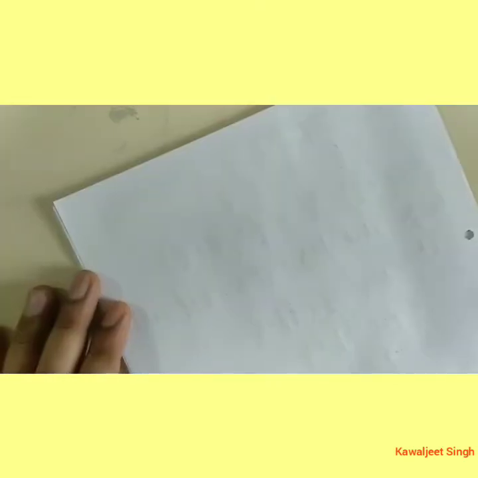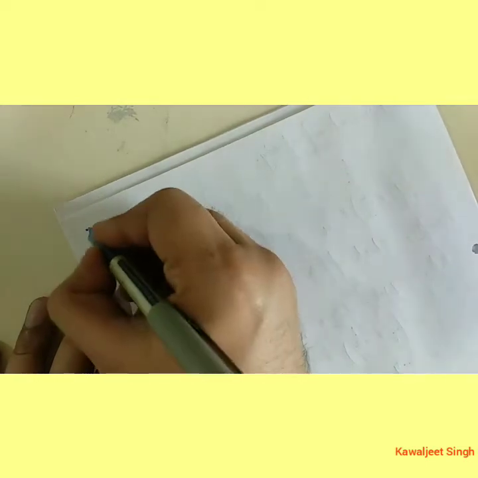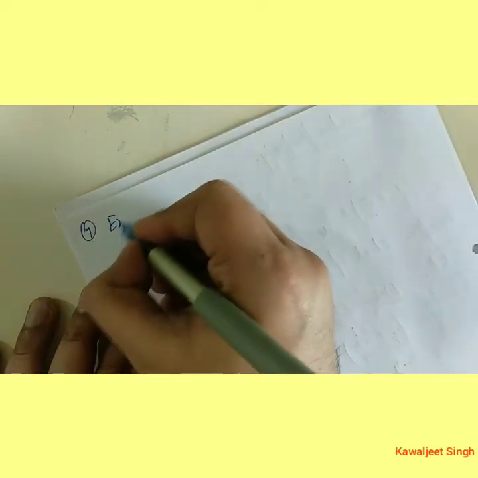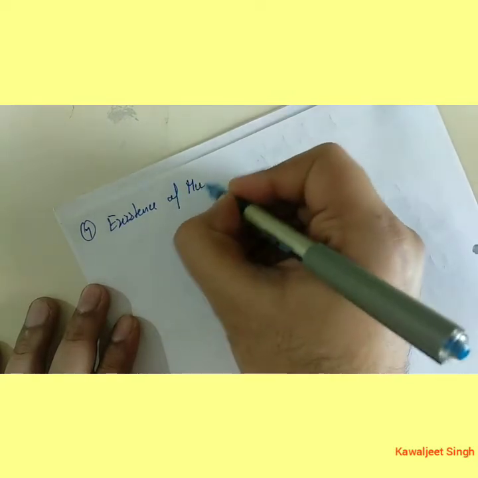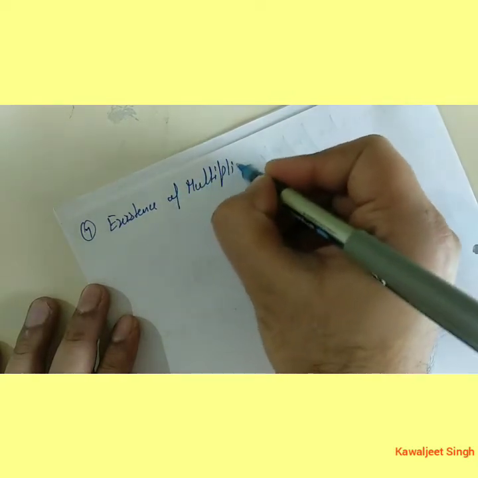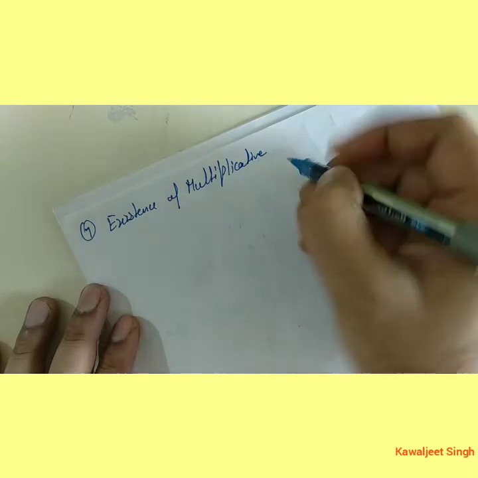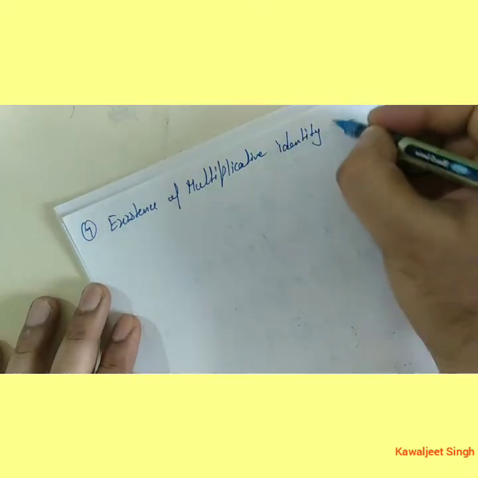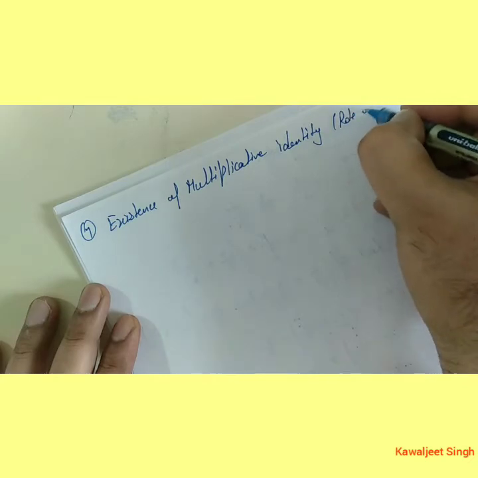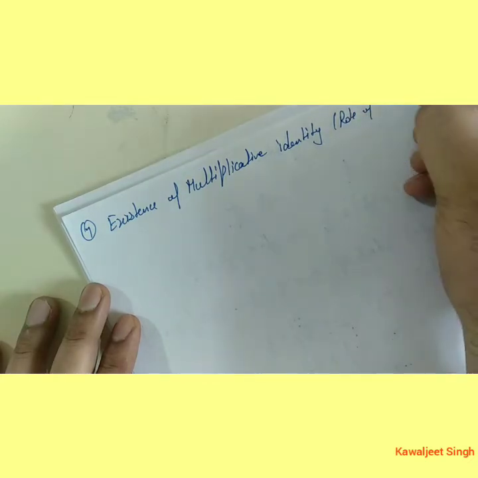Now, the fourth property: existence of multiplicative identity, or we can say the role of 1 here.